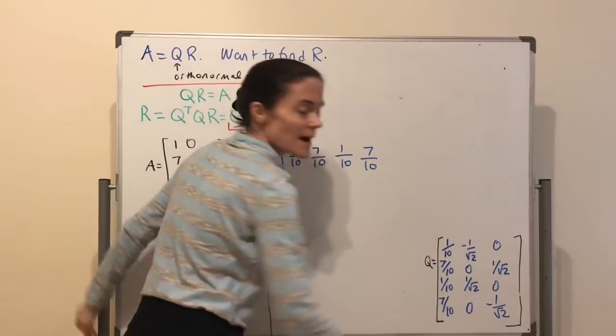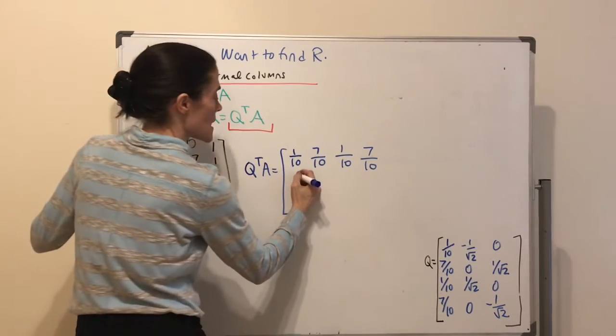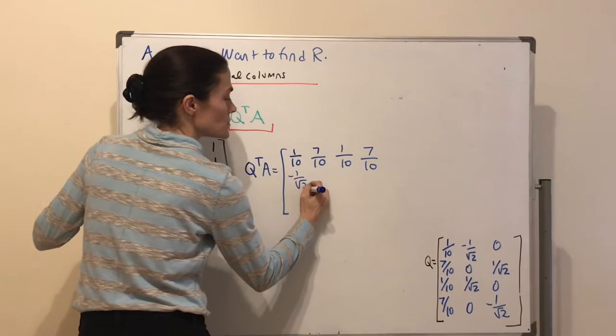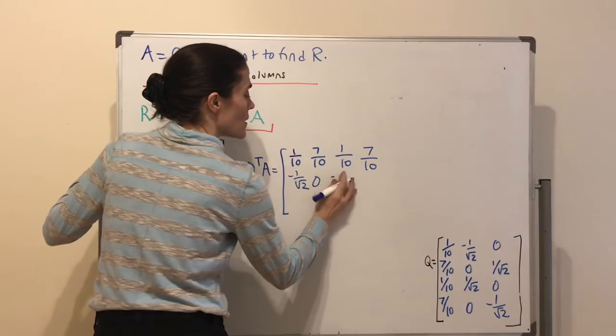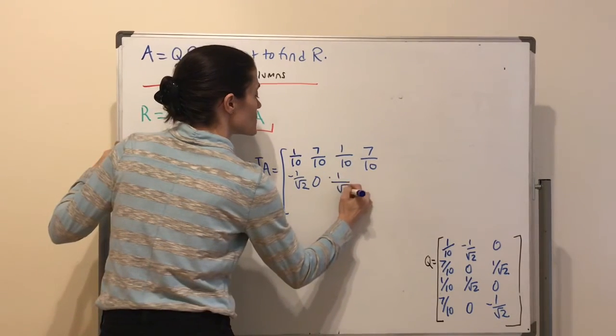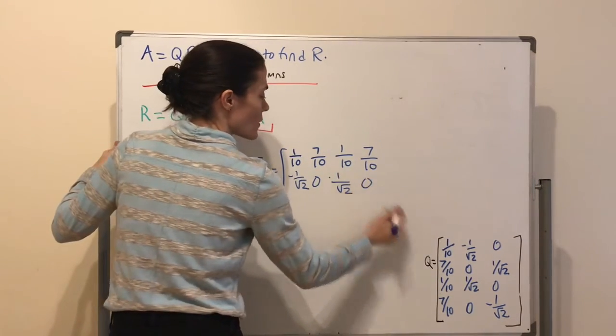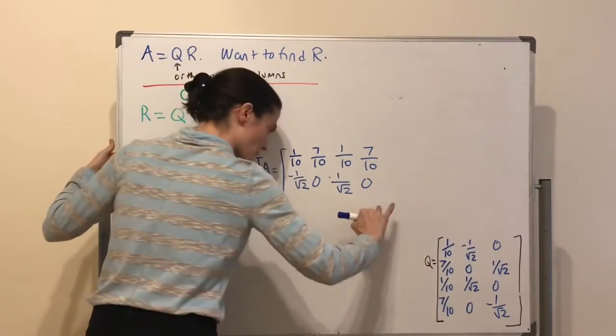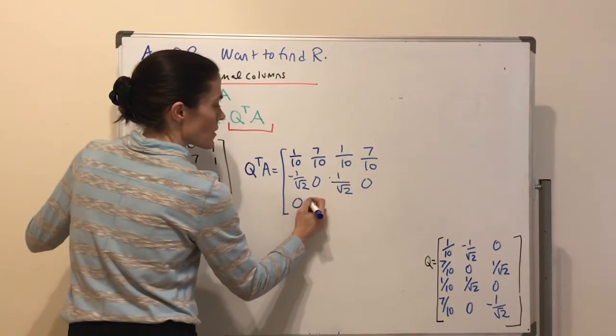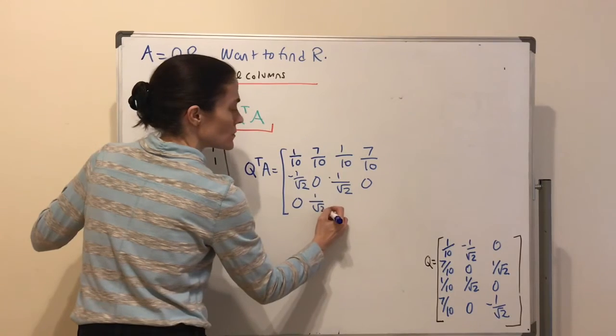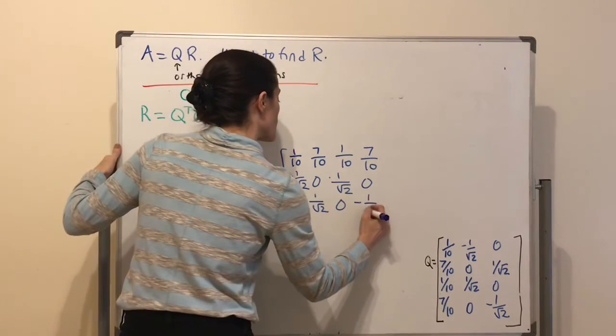This is the second column. It becomes the second row. Minus 1 over square root 2, 0, positive 1 over square root 2, and 0. And then the third column becomes the third row. 0, 1 over square root 2, 0, negative 1 over square root 2.